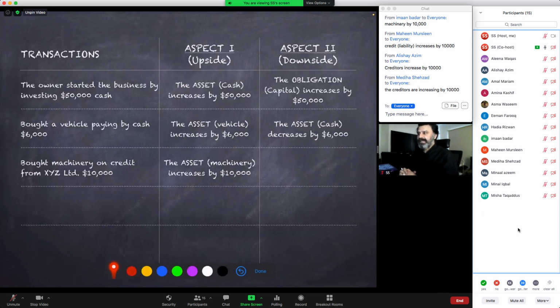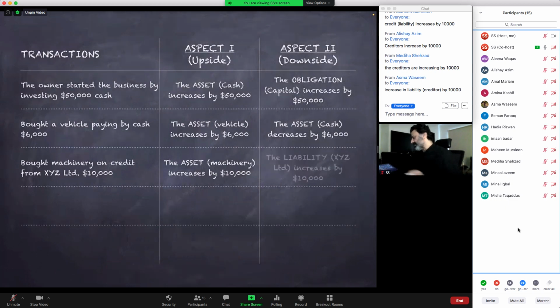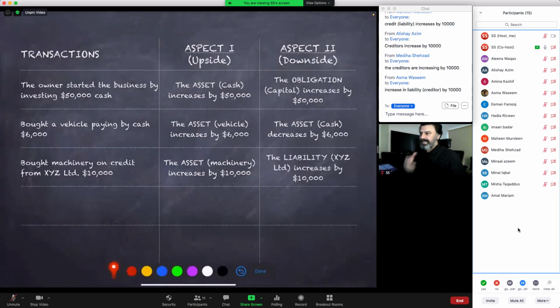Credit liability, Maheen. Marceline says a credit liability is increasing by $10,000. Very good. Asma says increase in the liability creditor by $10,000. Excellent. So in this case, the liability towards XYZ Limited, the creditor, is increasing, and that is our correct answer. We have identified the downside and the upside as well.